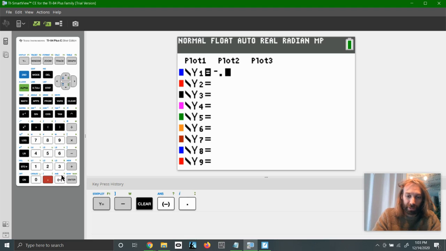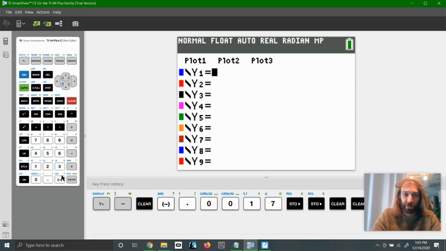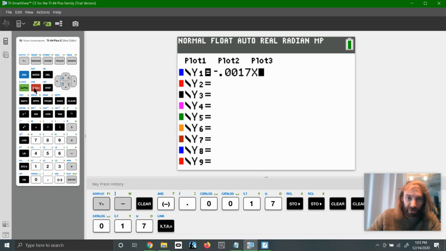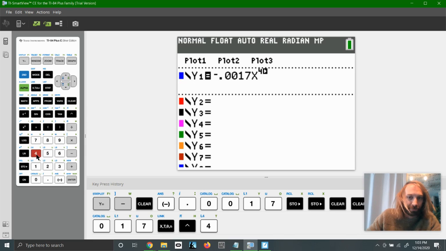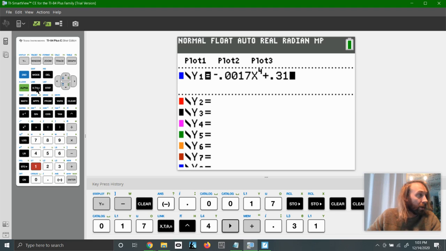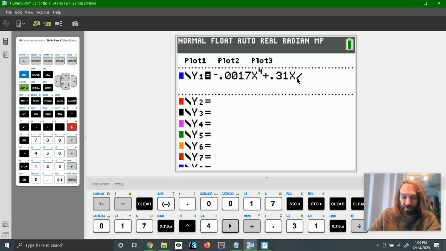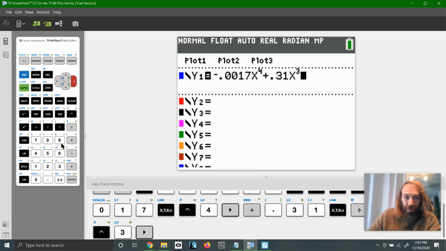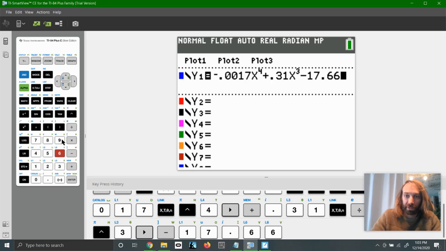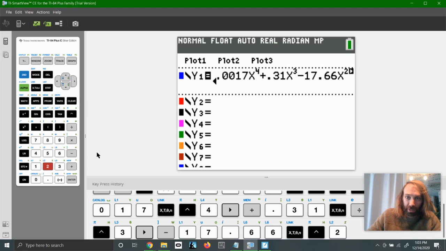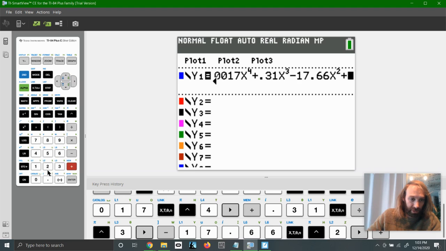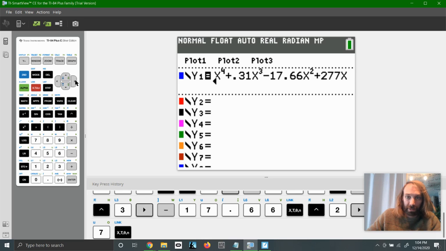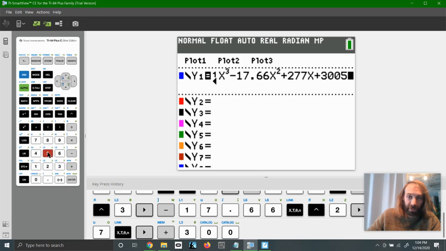So negative 0.0017 X raised to the fourth, and then plus 31 x cubed, not divided by, and then minus 17.66 x squared, and then plus 277 x, and then plus 3005.